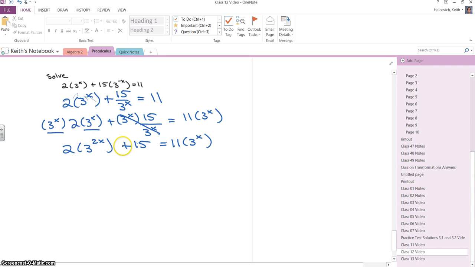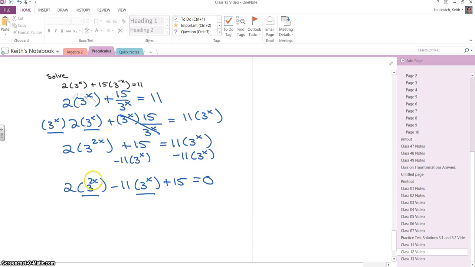Now, if we subtract this and bring it over so that everything's on one side, you have 2 times 3 to the 2x minus 11 times 3 to the x plus 15 equals 0. Now, if you notice, right now, we have a quadratic situation. Because let's say I substituted and I said let x equal, or actually let's not use x because we're already using x there.